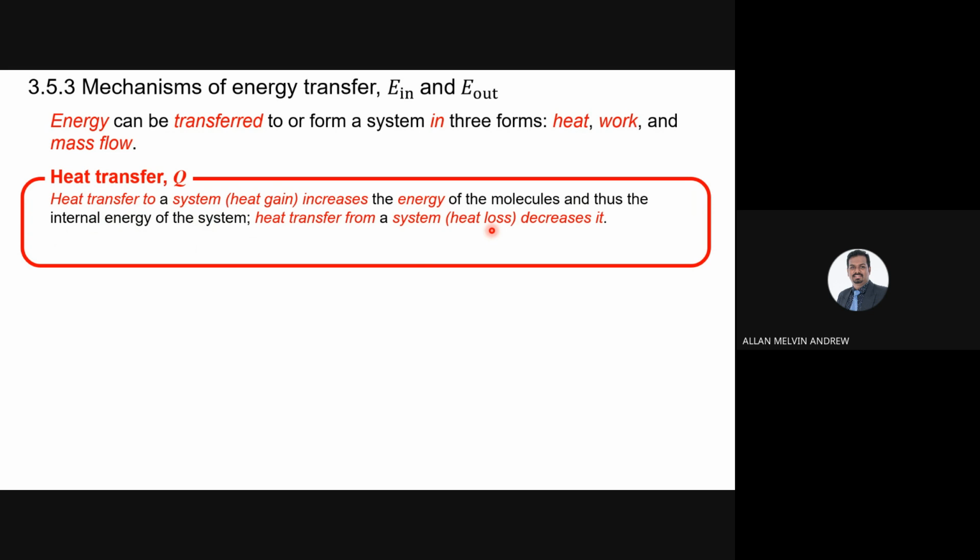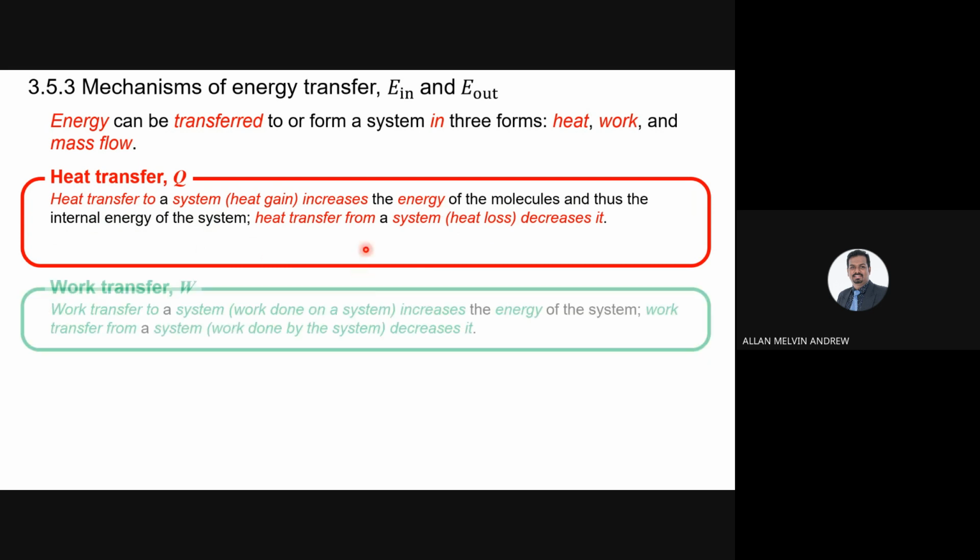It is similar to this: if we eat, we will get a lot of energy. But if we eat and we are also doing a lot of work, the energy will be moving out of the system, then we will become weak. So it is similar for heat transfer, and work is also the same.